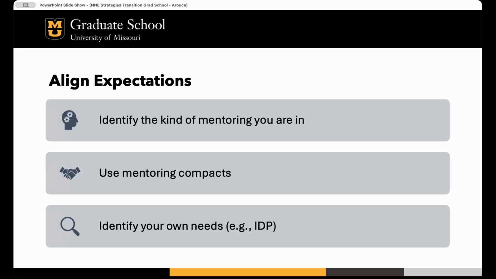So the first thing that I want you to think about as you're starting your journey into graduate school, or even if you're still a prospective student and you're exploring this, is trying to figure out what kind of mentoring you're in or that you want to be in, right? What are you expecting to gain in that relationship? Or what are you expecting from that mentor or advisor?